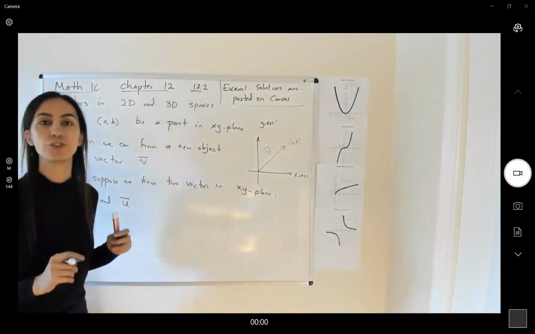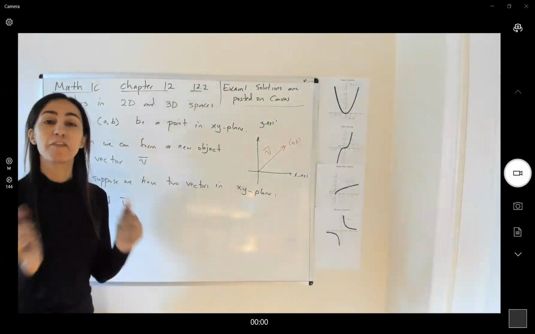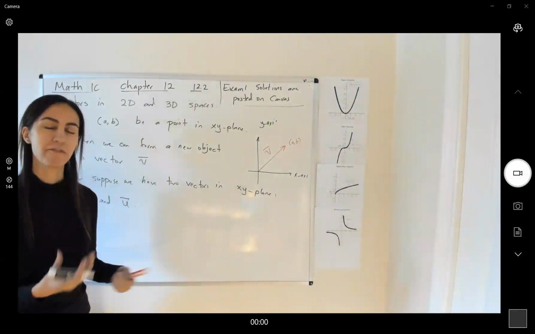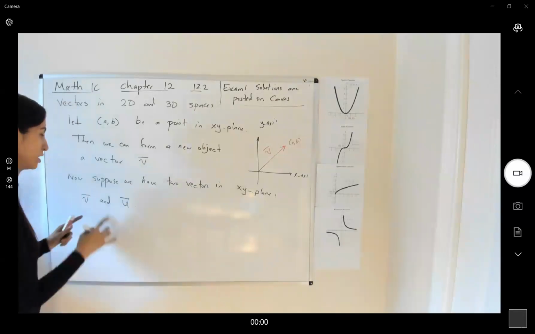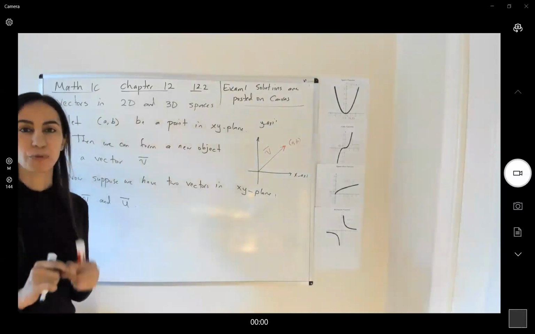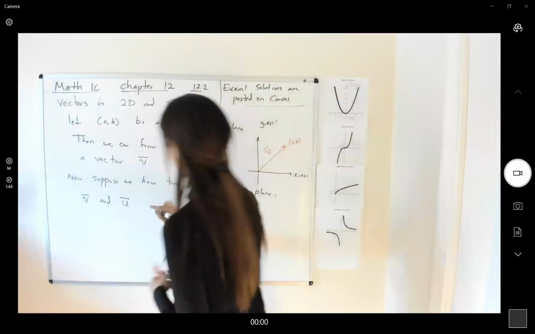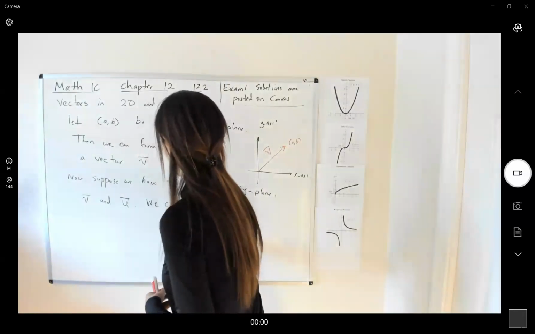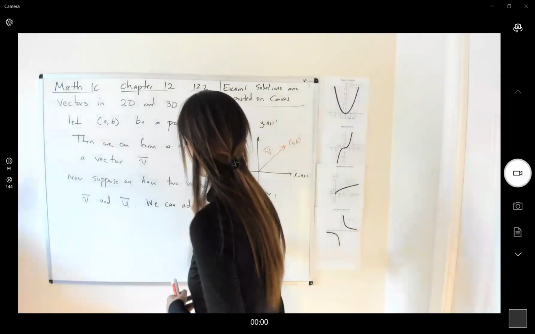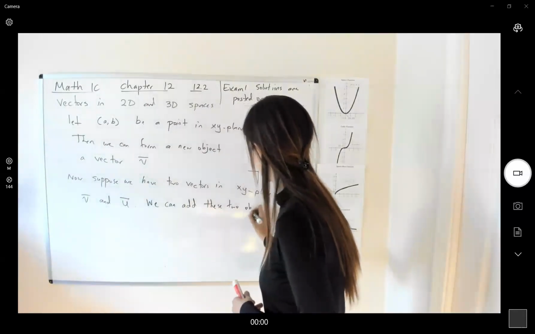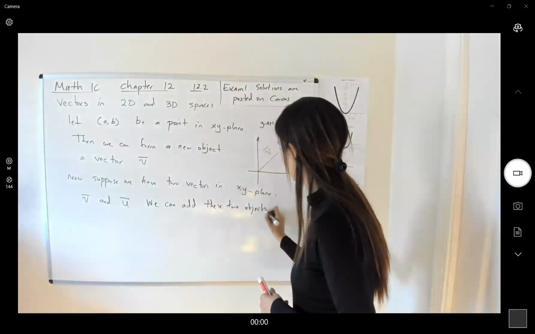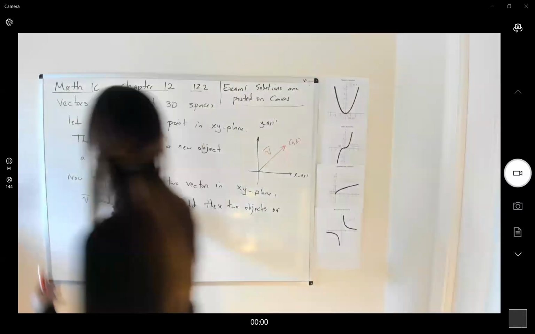What we can do, we can add these together, we can subtract them, and eventually we can define other operations between two vectors to form a new object. We can add these two objects or subtract them.